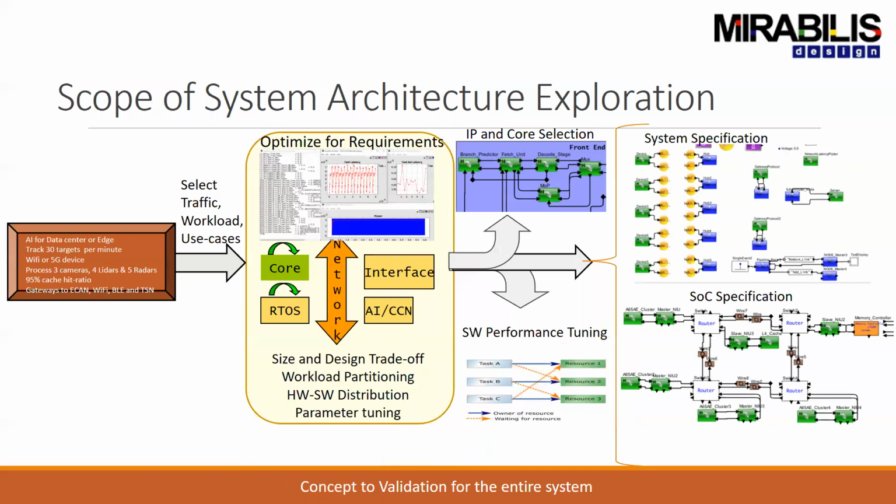Before we get into the architecture exploration in detail, I want to walk you through its scope, the system architecture exploration. This is done very early, at the earlier stages of design implementation or design overview.